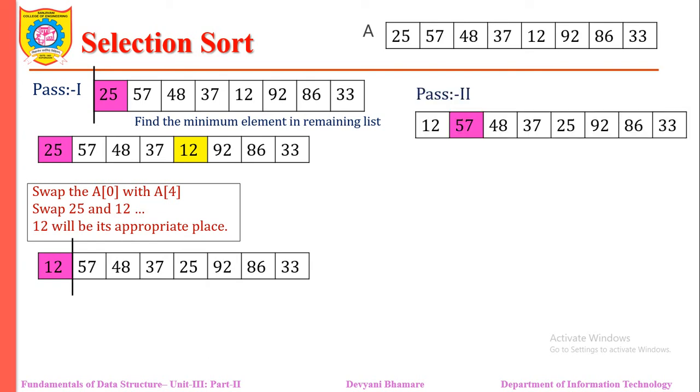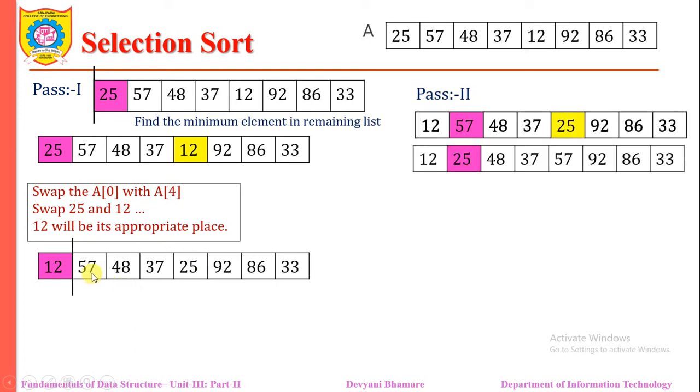At pass 2, these are the sorted elements and these are the unsorted elements. From the unsorted elements, the next minimum element is identified. It is 25, and 25 is exchanged with 57. So our unsorted elements are decreased by 1 and the sorted array is increased by 1.